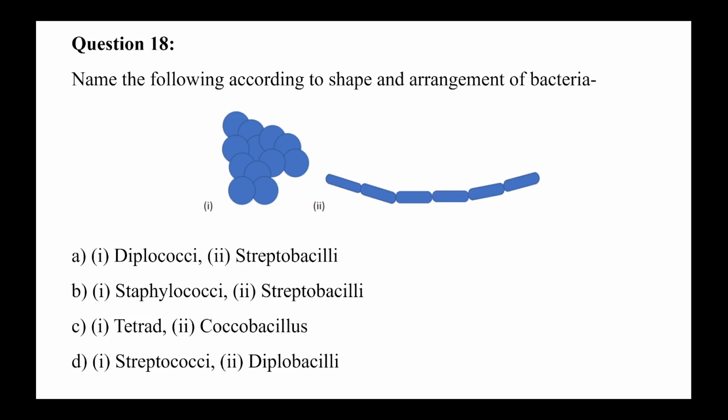Option A is first is Diplococci and second is Streptobacilli. Option B is first is Staphylococci and second is Streptobacilli. Option C is first is Tetrad and second is Coccobacilli. Option D is first is Streptococci and second is Diplobacilli.